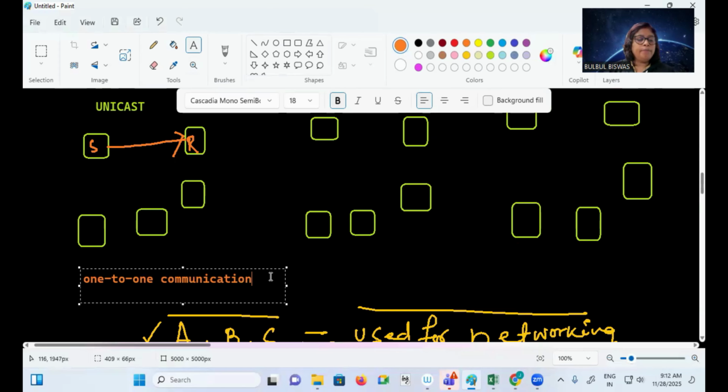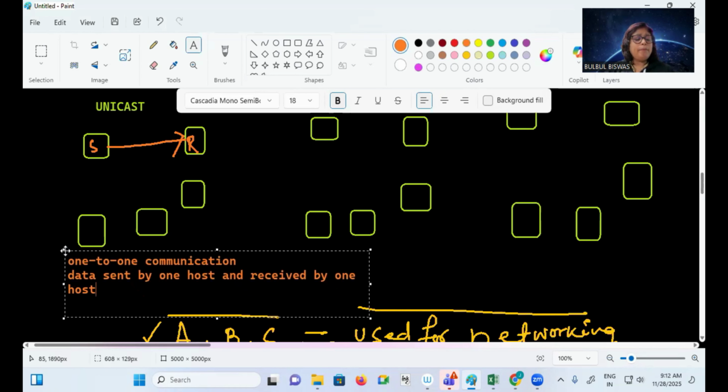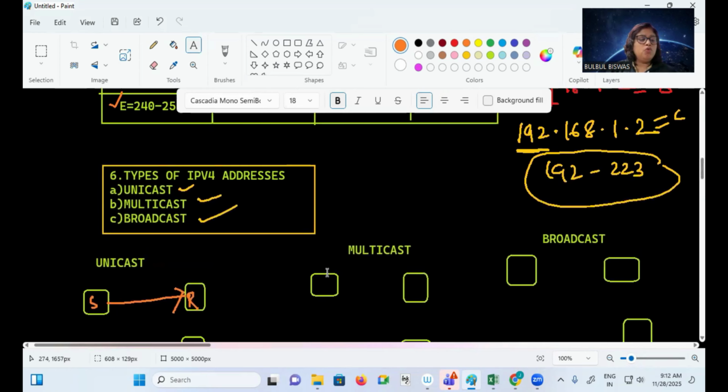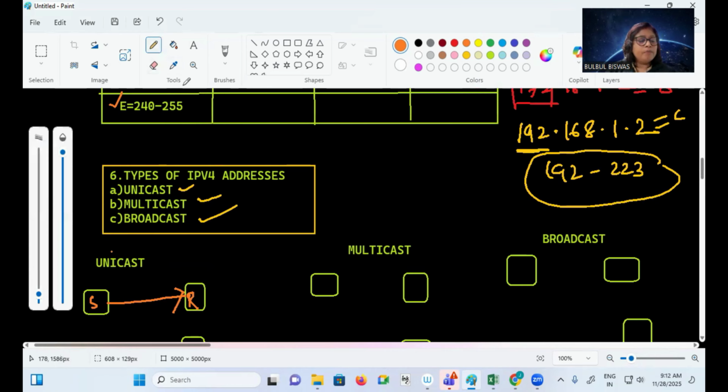That means data sent by one host and received by one host. We call it unicast communication. And for this type of communication, we use the unicast IP. So for unicast communication, we need unicast IP.